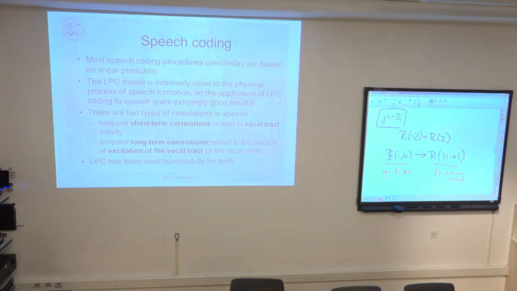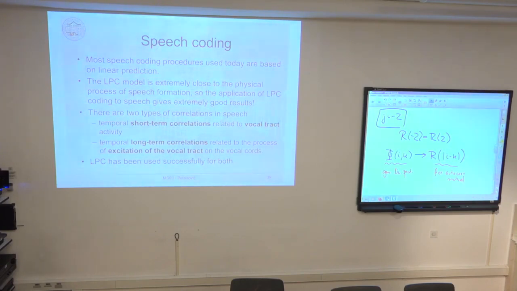And as I said, what we are trying to utilize in linear prediction are correlations. That a certain part of the signal is correlated with something that follows. So the preceding part of the signal is correlated to the sample that is being predicted, and we divide this correlation for speech into two types.